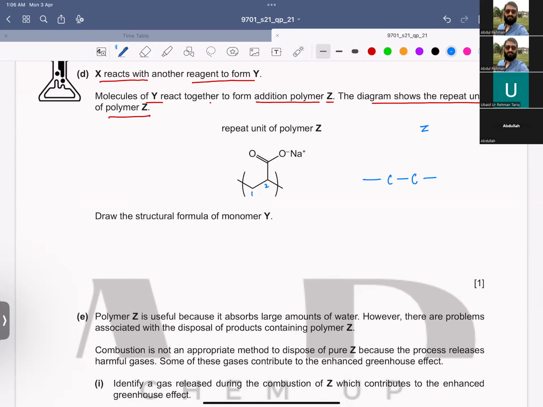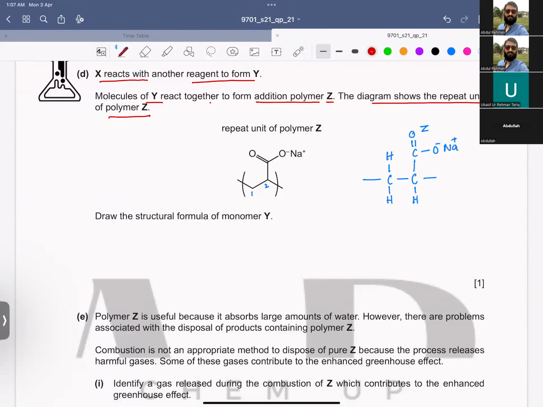That is the first carbon and that is the second carbon. So carbon number one has two hydrogens bonded to it, and carbon number two has one hydrogen bonded to it, and on the other side there is a C double bond O, then O negative and Na positive.